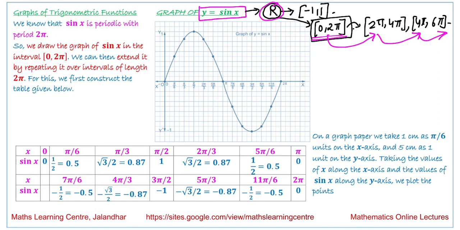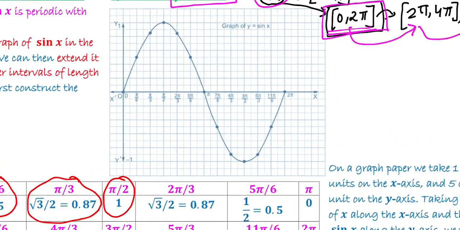So first of all, we plot the graph of sin x for the interval 0 to 2π. These are the values shown over here. For x equal to 0, the value of sin x is 0. For x equal to π/6, the value of sin x is 0.5. For π/3, it is 0.87. For π/2, it is 1. We have plotted these points on this graph.